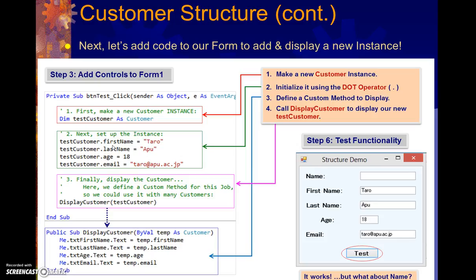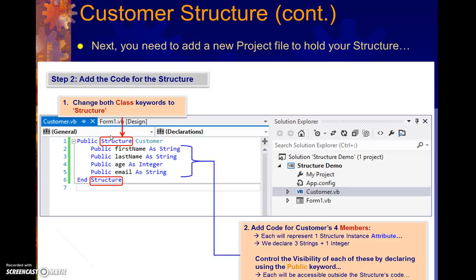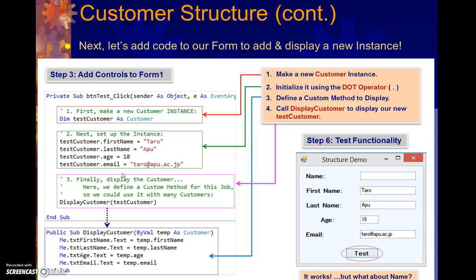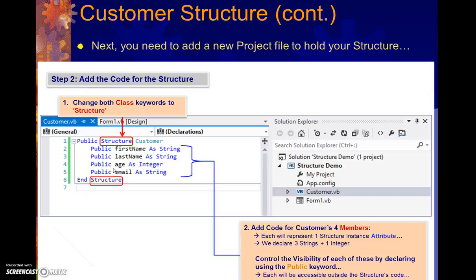So yes, we have used this kind of dot notation syntax before. And this part is always the property that we want to refer to, like the text property or the color property. So our structure has a first name property because we're using .FirstName, .LastName, .Age, .Email. So apparently we have a first name property, a last name property, an age property, and an email property. That seems to be what we've created when we set this up.